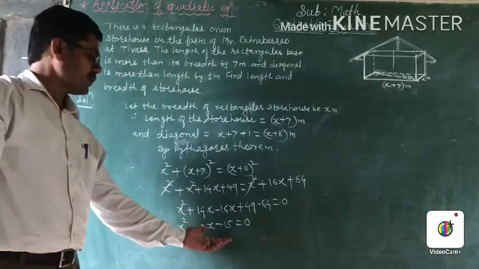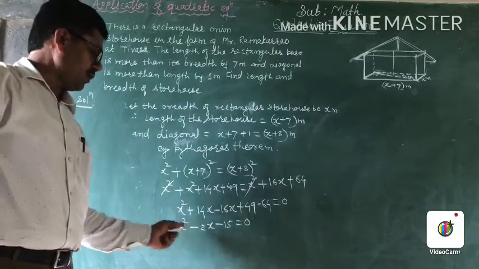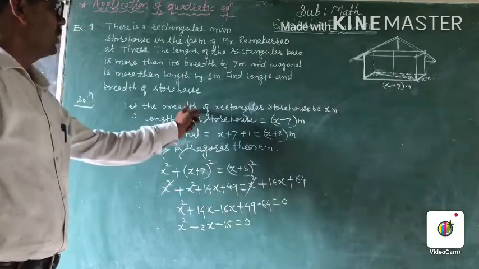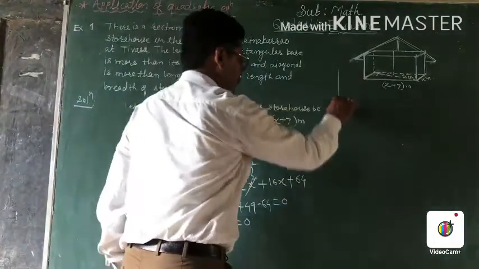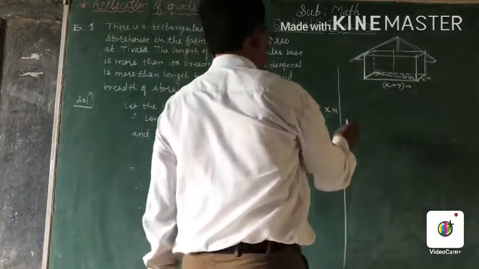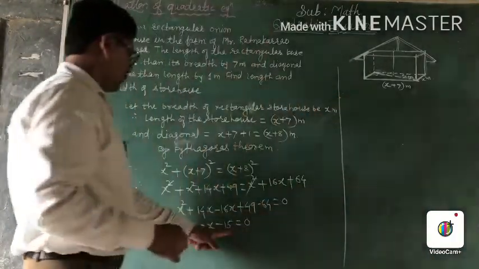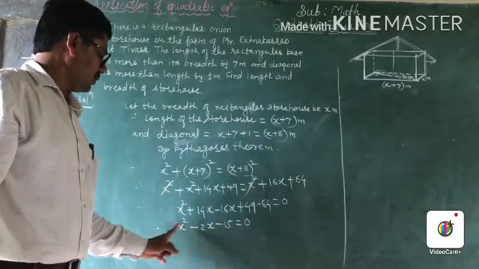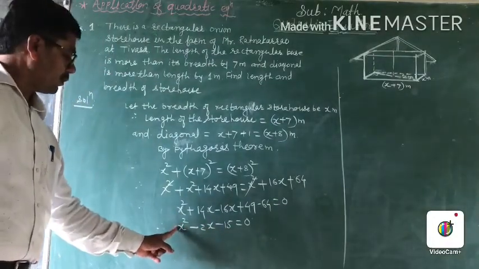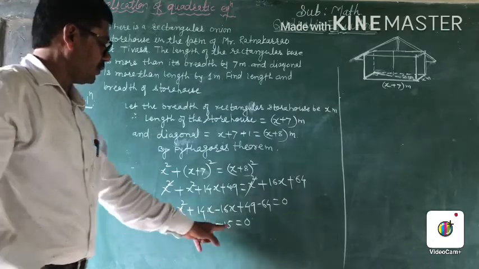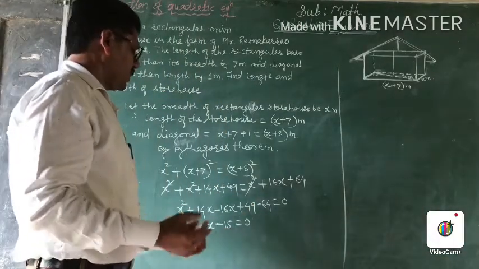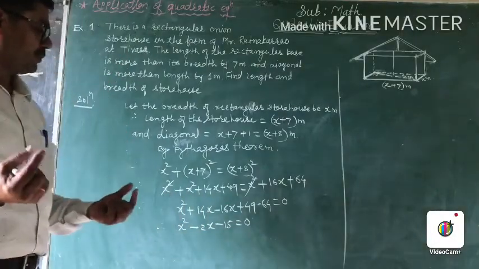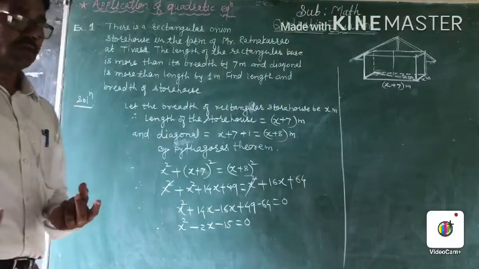If we solve this quadratic equation, we find the value of x, and what is x? x is the breadth of the storehouse. Therefore, here is the minus 15 and the coefficient of x square is 1. Therefore, find the factors of 15. Since it is minus 15, one factor is plus and another is minus.